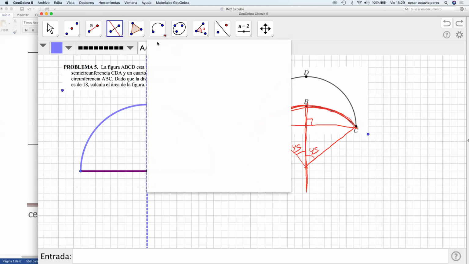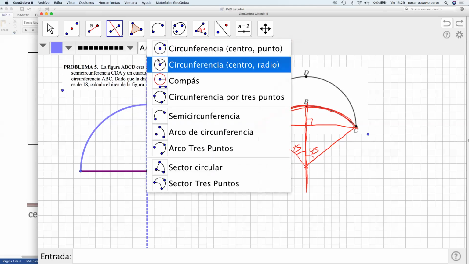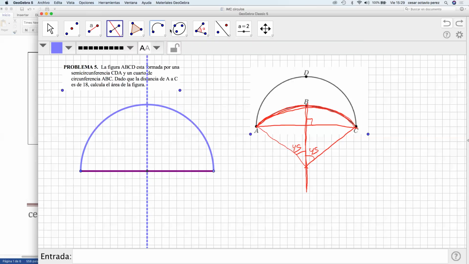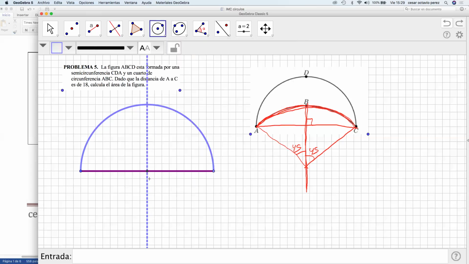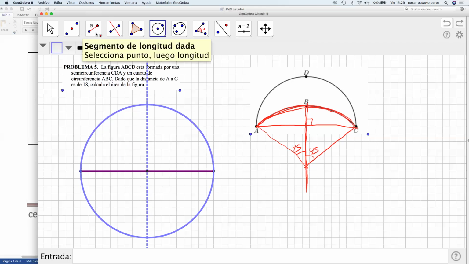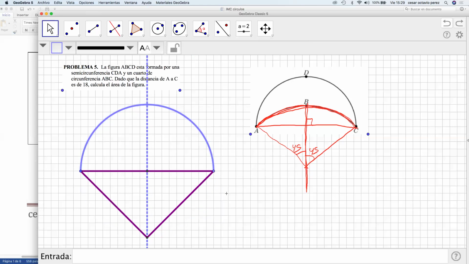It's useful to think, okay, what are the lines that we need? Es muy útil pensar qué líneas necesitamos para construir la figura. For example, of the circle, we will need this line and this line. Okay? Then we are going to draw this.